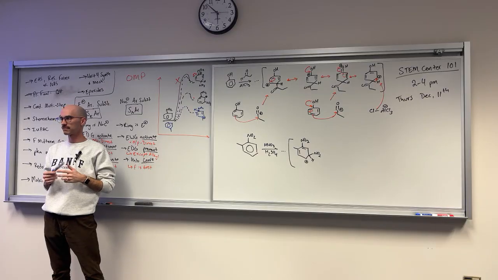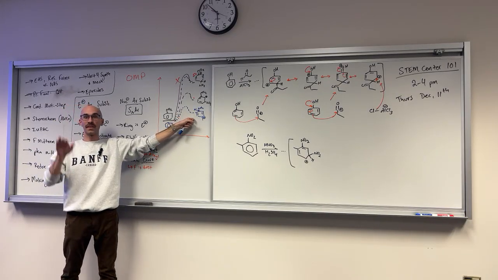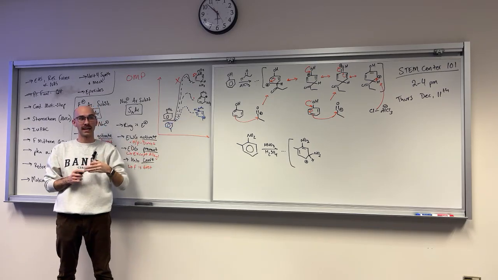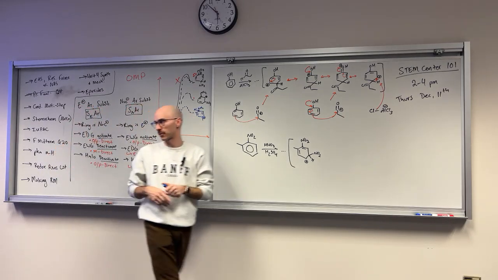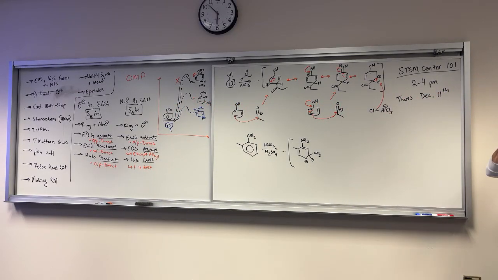Does that make sense? So we say the strongest activator is the one that lowers the transition state the most, and that's why it is the director, because it provides the lowest energy, the highest stability. All right, so resonance forms.